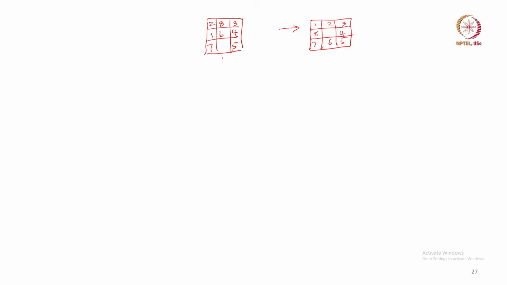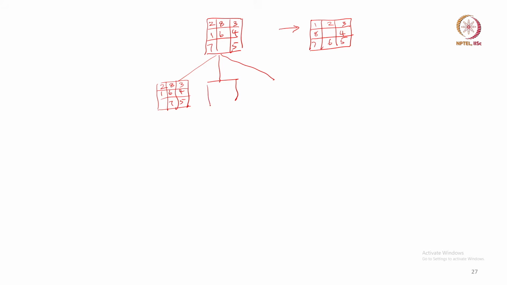If we consider this as your start state, there are 3 possible ways you can move the blank. It can be moved this way, or this way, or that way. So you have 3 branches when you expand this. The first one, if you move the blank to this side, you will get 2, 8, 3, 1, 6, 4, 7, 5.